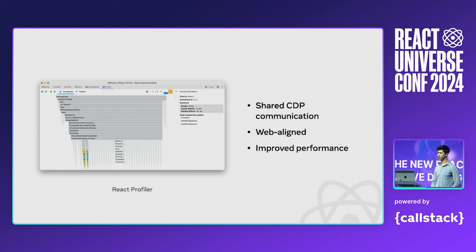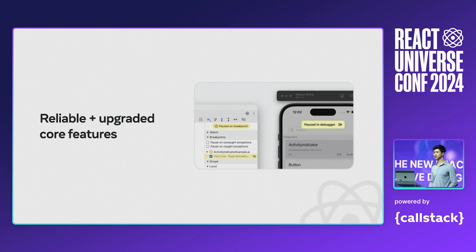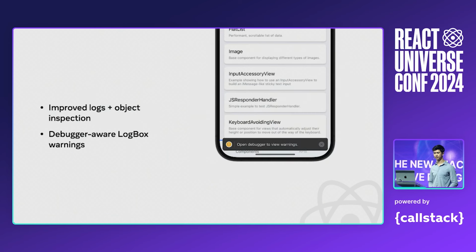And compared to the standalone React DevTools app in previous React Native versions, this integrated experience now shares the same one-to-one CDP connection to communicate between the debugger and the device, leading to a consistent and web-aligned experience. All the core features from Chrome's console, memory, and sources panel work reliably because of the all-new backend.